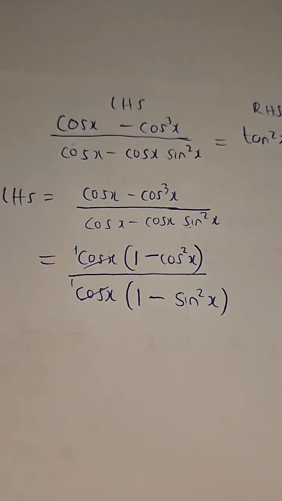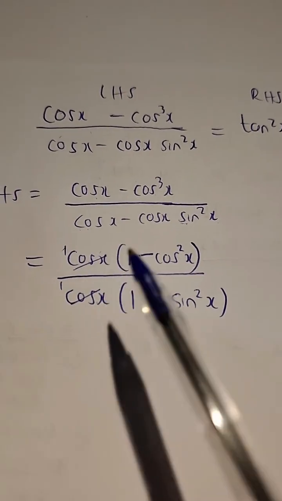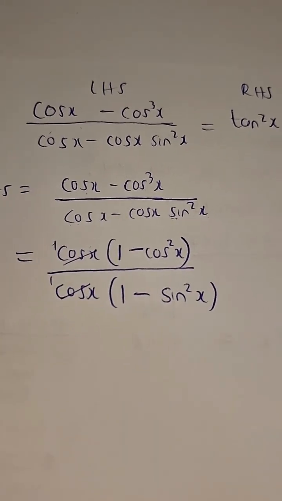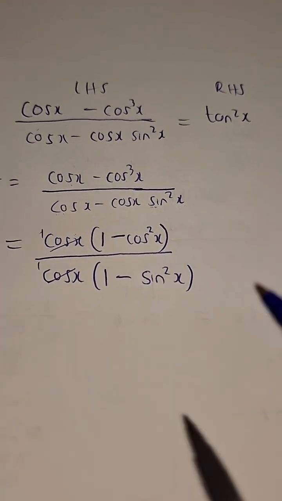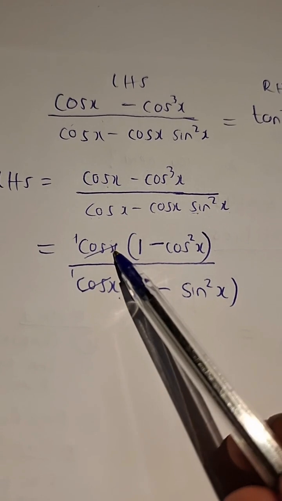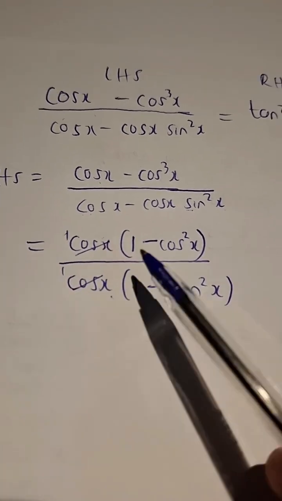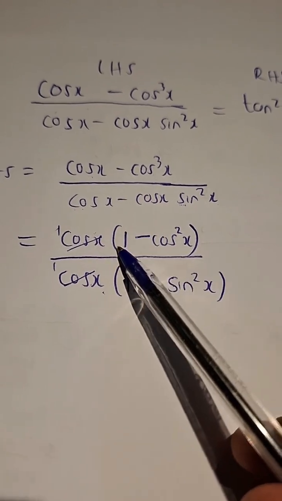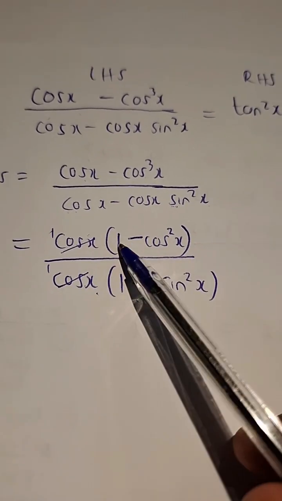We can cancel as long as it is not across an addition or subtraction sign. We can cancel these two because it's not across. For instance, you cannot cancel this 1 and this 1, because they are across a subtraction sign.